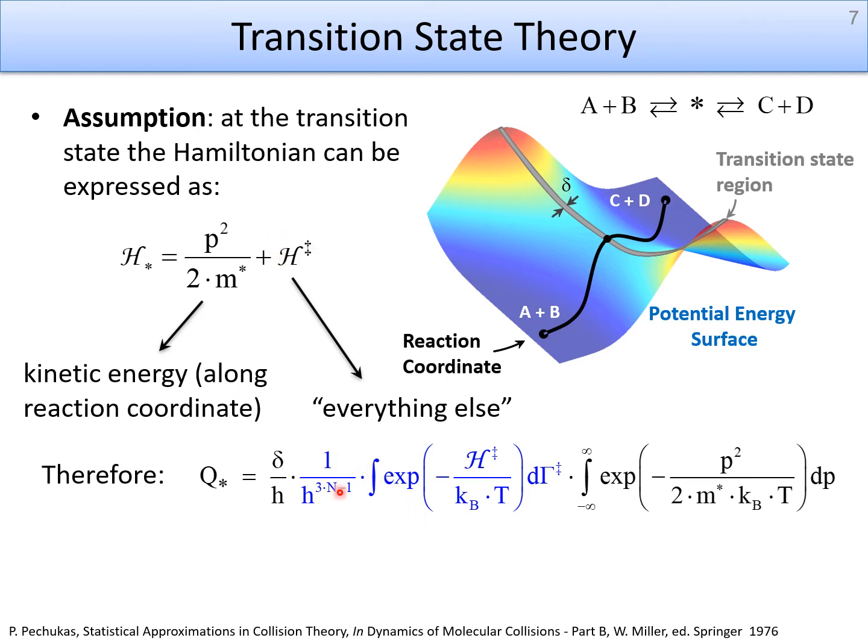And in this case, I have also broken down this h to the 3n. So this is h to the 3n minus 1 times h. And then notice that the integral along the spatial coordinate, the reaction coordinate, from here is going to give me a factor of delta that is coming out of the integral over there.